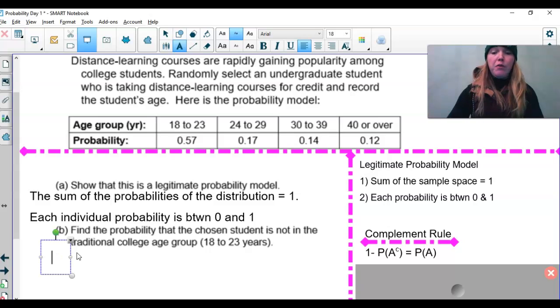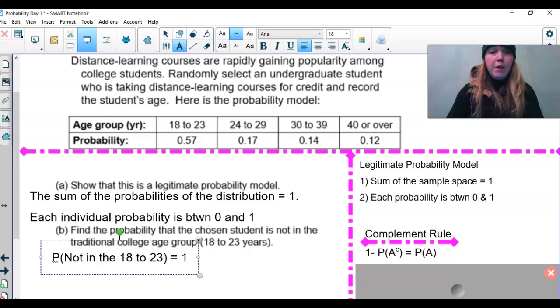So let's write that out. If we wanted to figure out the probability that they're not in the 18 to 23-year-old group, it equals 1 minus the probability that they are in the 18 to 23-year-old group.